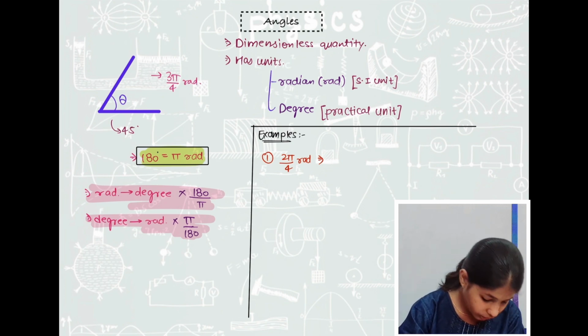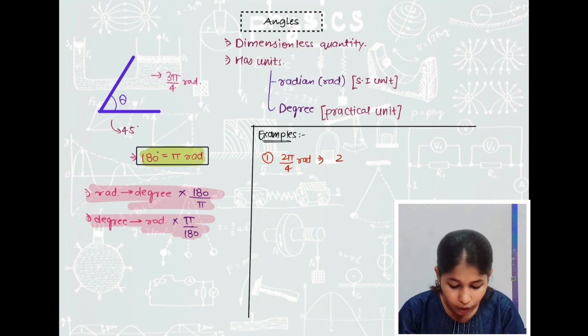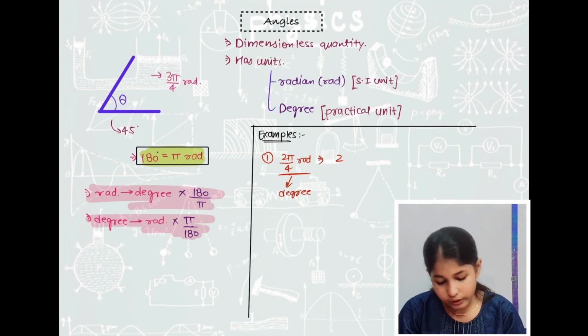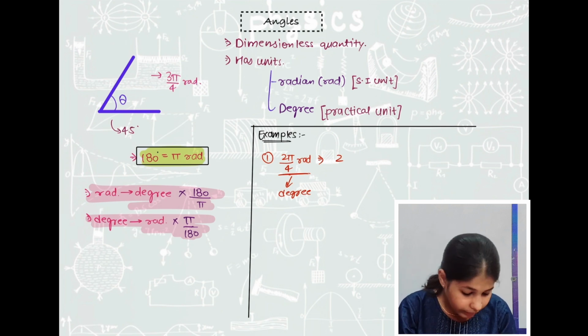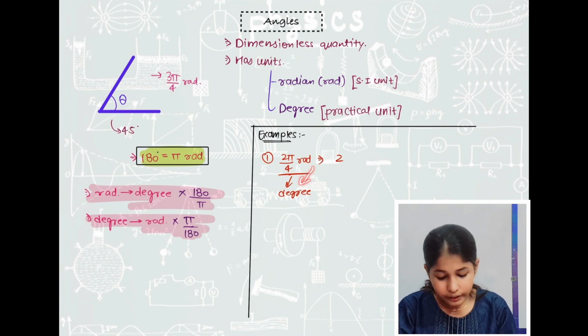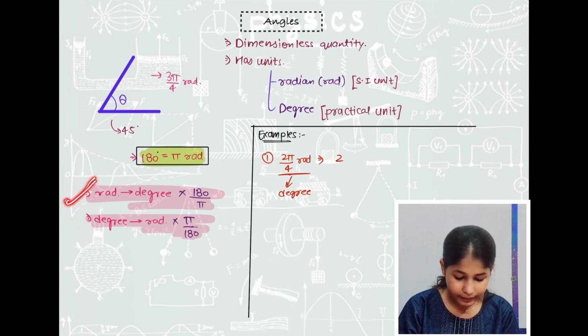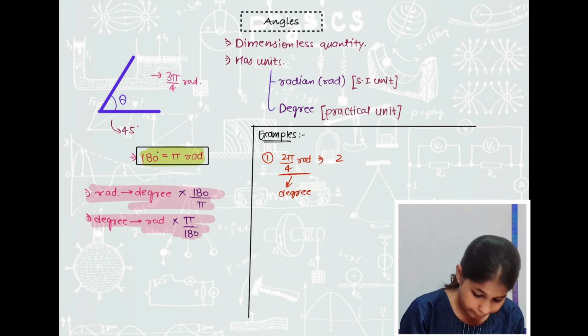Because you have to convert this value, that is radian, into degree, you need to use this formula, that is, you need to multiply it with 180 upon pi. Okay.